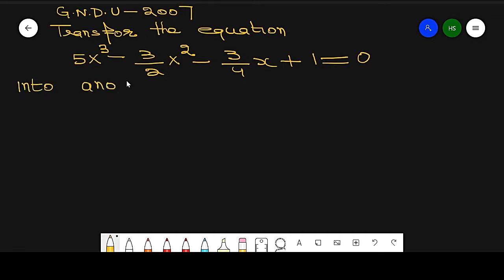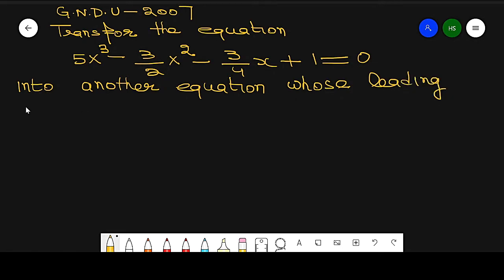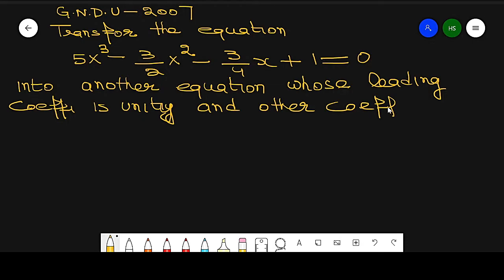into another equation whose leading coefficient is unity and other coefficients are integers.